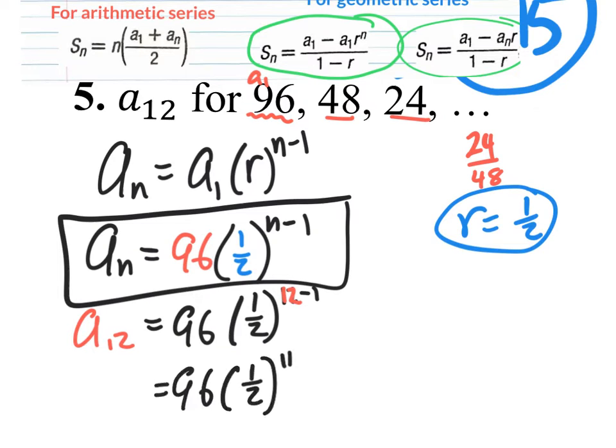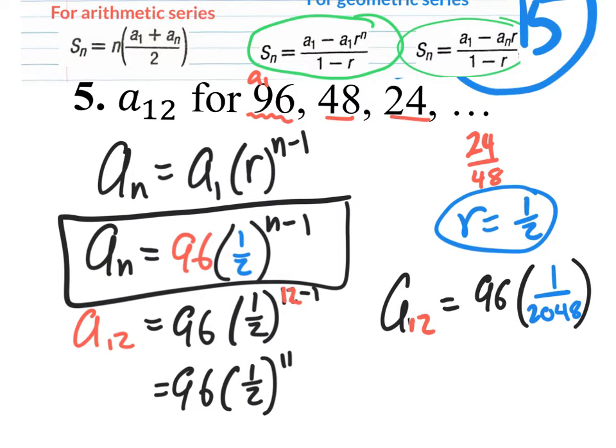And let's work this out with the calculator. We would get 1 over 2048. Of course, I did that with the calculator. So far we have a sub 12 equals 96 times 1 over 2048.